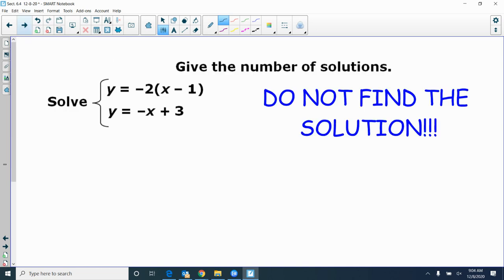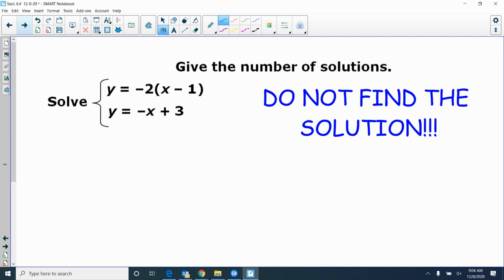Now, this is where some people try to do too much. The directions just say what? Give the number of solutions. What do you think my options are for the number of solutions? Yeah, what would the answers possibly look like? Alex? One solution.